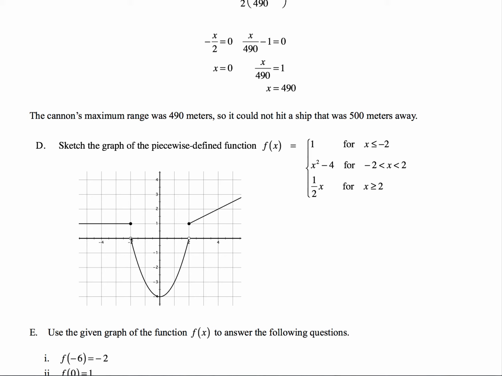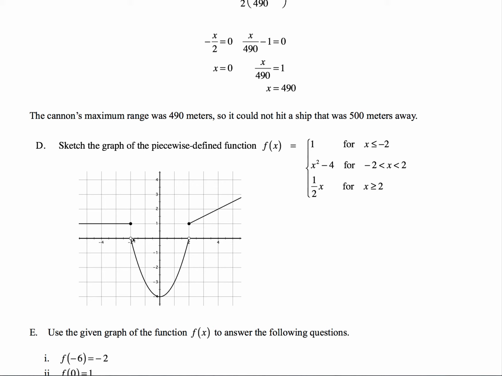And so it meets the line at negative 2 and positive 2, but because these are strict inequalities, that's what it's called when it's not an or equal to, I have the dots, the points, not filled in to show that the function doesn't quite go all the way up to 2 and negative 2.